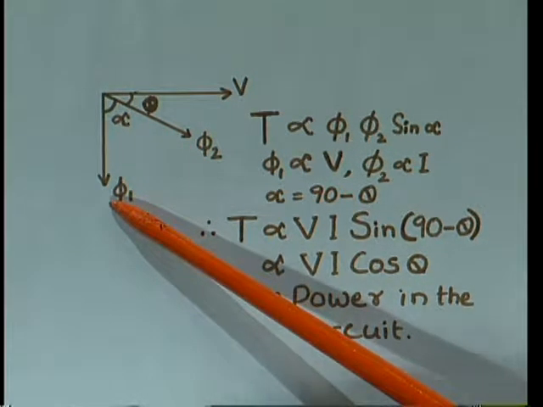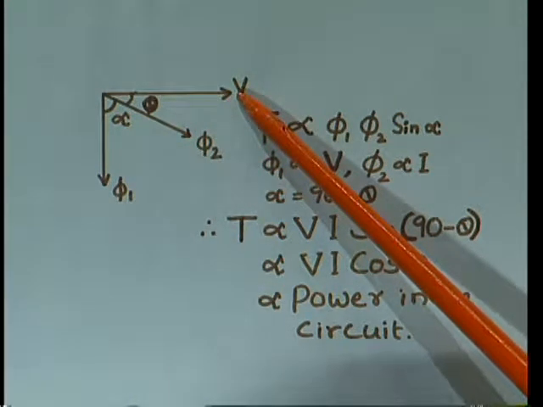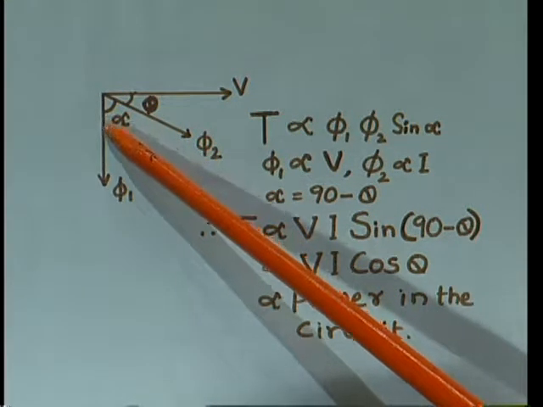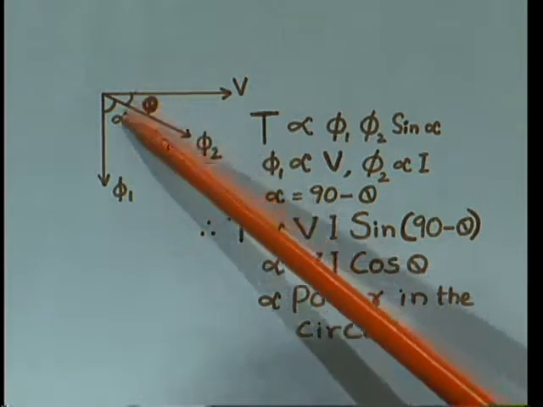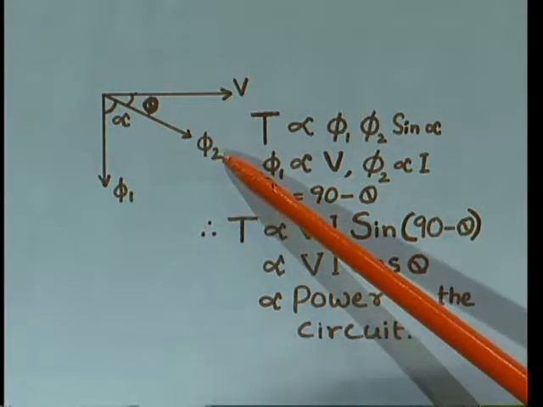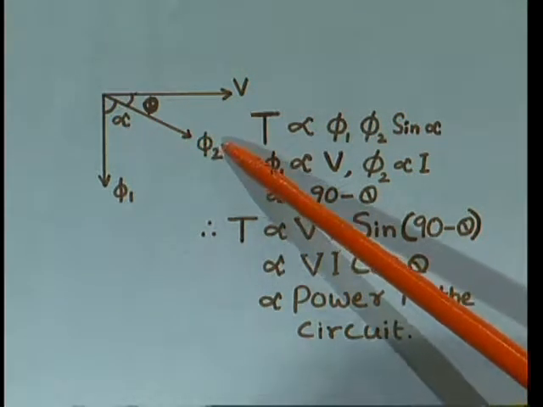This flux phi 1 is derived from, and proportional to, the voltage, and it is lagging behind the voltage by exactly 90 degrees. Phi 2 is derived from the current to be protected, and it is in phase with the current.